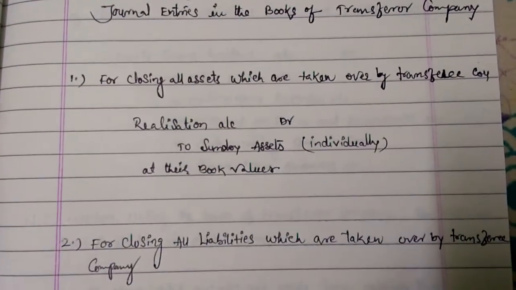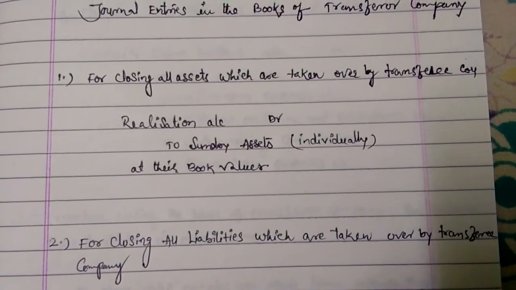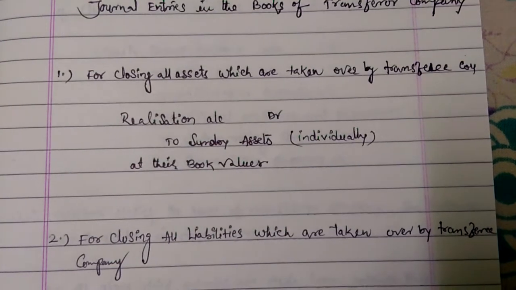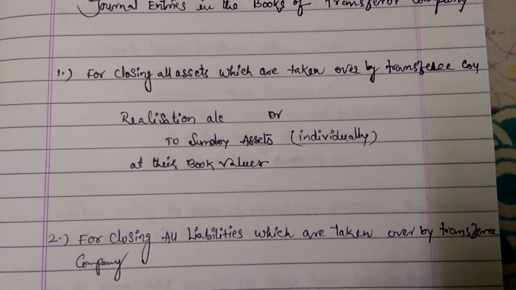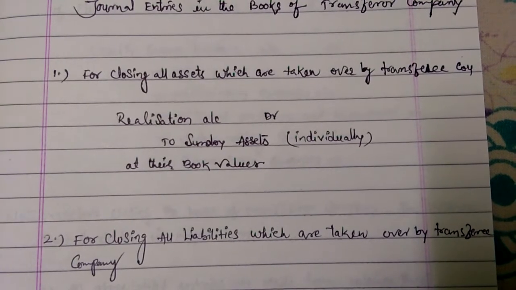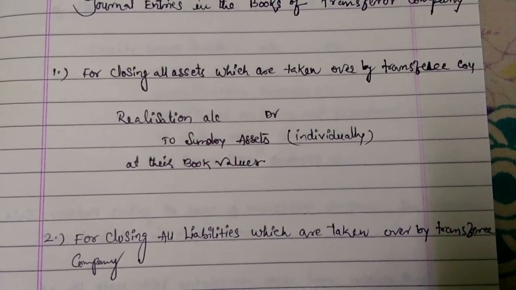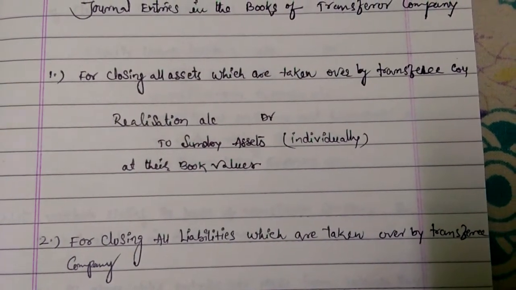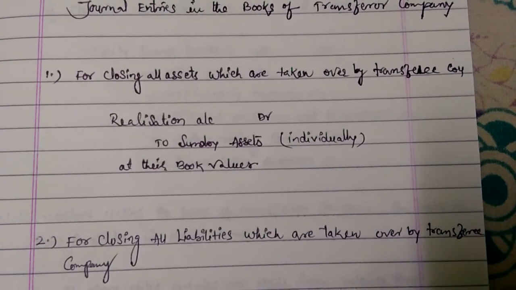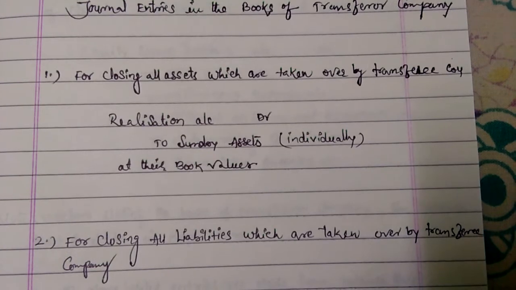The first one is for closing all assets which are taken over by the transferee company: realization account debtor to sundry assets account. Here sundry assets are transferred individually at their book values.